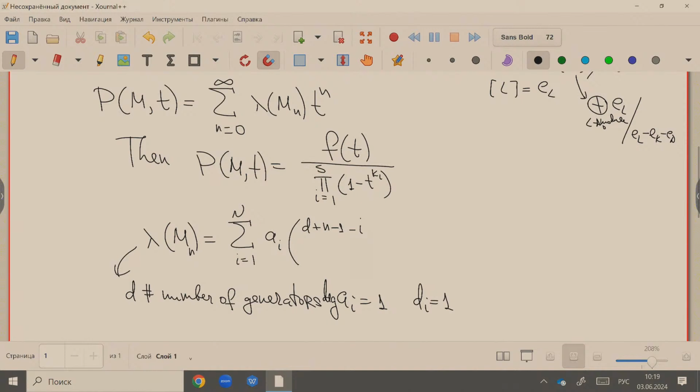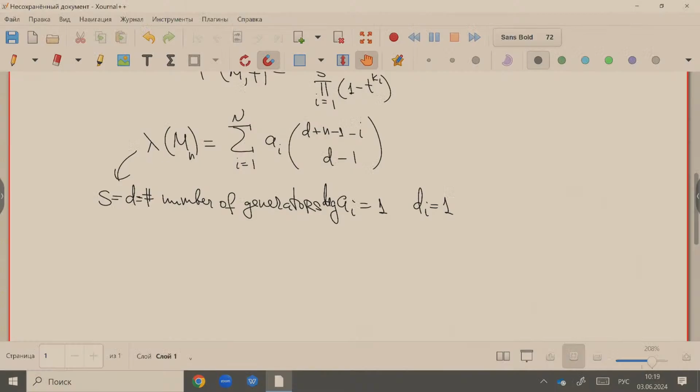So you have this kind of binomial formula. Yes, so you can write this down as a polynomial in M. More generally, it is more complicated.